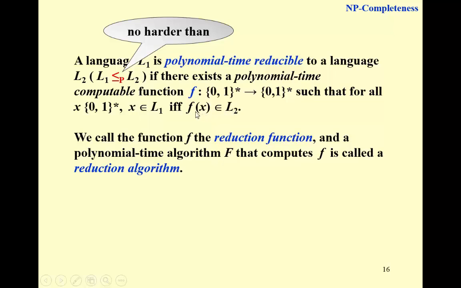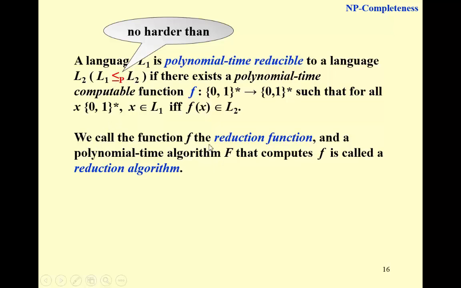It means that for every input x that will answer yes in language L1, we can convert it in polynomial time into another input that will answer yes in language L2. And if we can do so, then we say that L1 is no harder than L2. It means that if we can solve L2 in polynomial time, then we can certainly solve L1 in polynomial time.